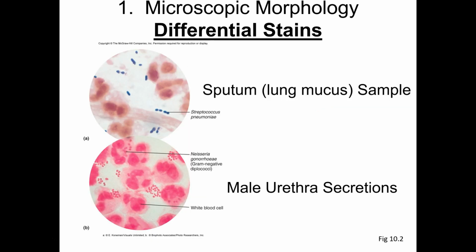All right, two more kind of blunt examples. So identifying bacterial pathogens. And we're going to do so using our favorite differential stains, Gram stains. So in the top image here, say you have a patient with chronic pneumonia. You're not sure what kind of pneumonia. Is it bacterial? Is it fungal? Is it viral? So you take a sputum sample, deep lung mucus sample, and you run a Gram stain.